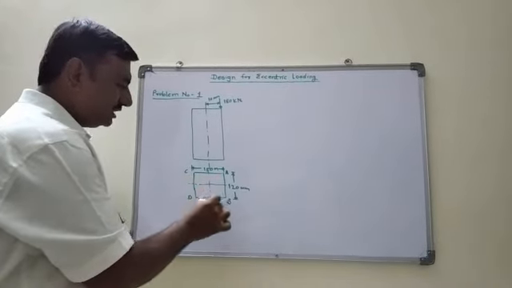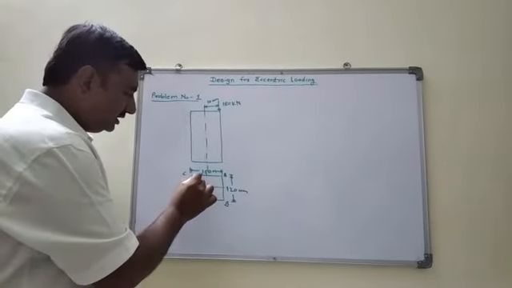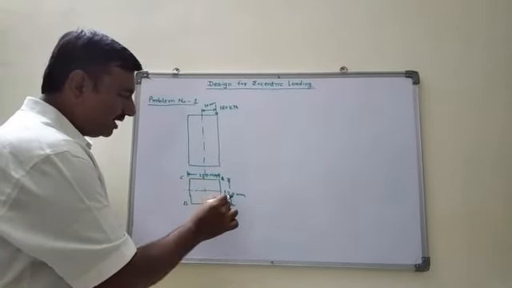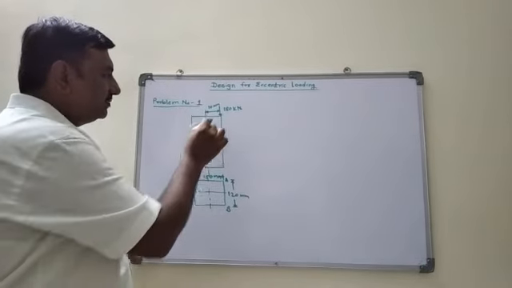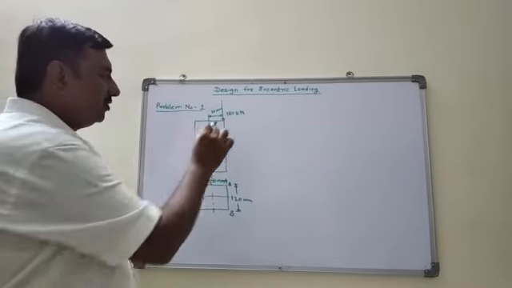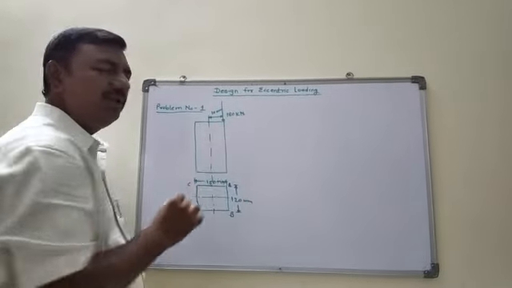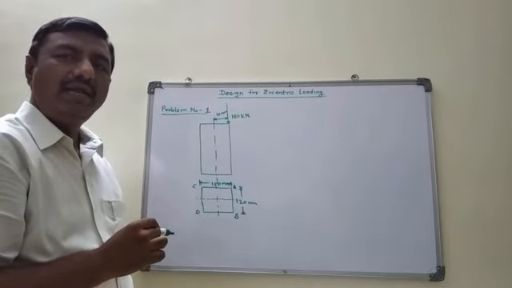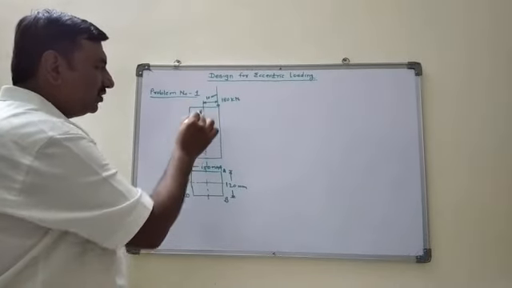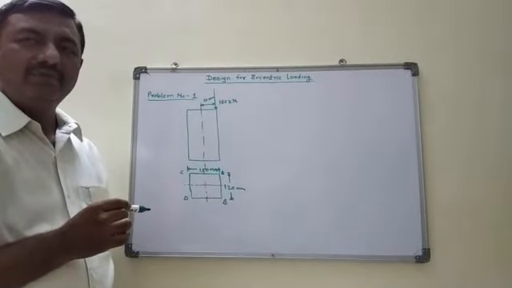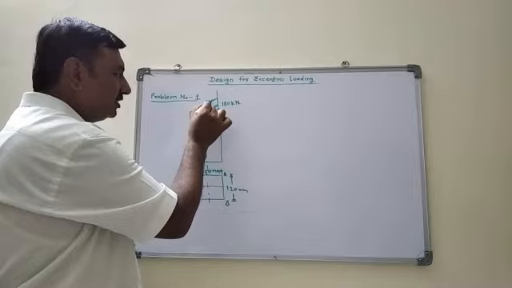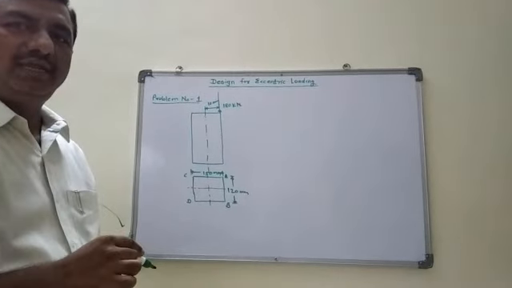A rectangular strut having a cross section of 150 mm by 120 mm is subjected to an eccentric load of 180 kilonewton, which is separated from the centroidal axis by 10 mm. That means the distance between the load axis and the centroidal axis is 10 mm, denoted by the small e.